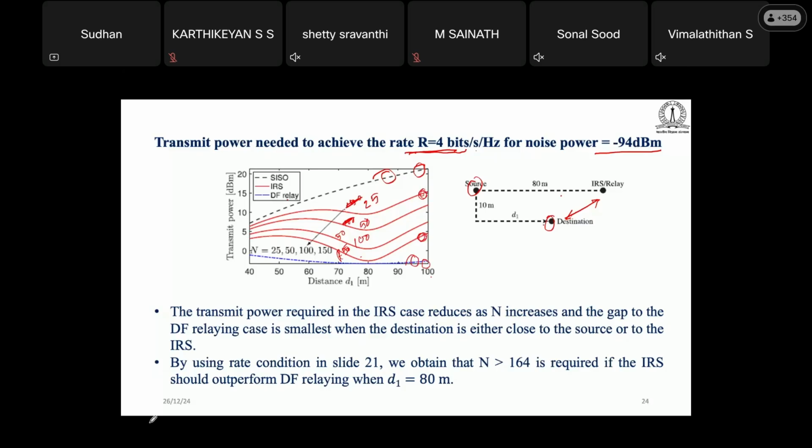Okay, so this means that if we increase the number of elements, then we need to transmit less power to achieve a certain bit rate. And you can also see that, that's all.